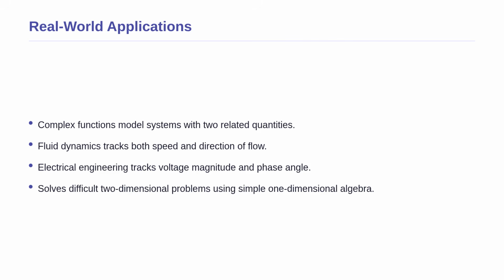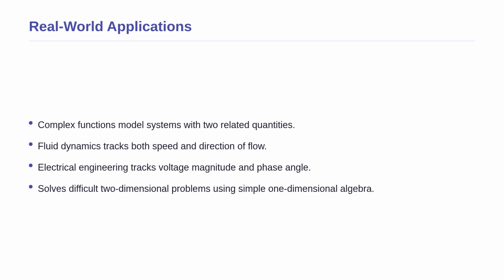You might be wondering, why do we care about functions of a complex variable? In the real world, many physical systems involve two related quantities that change together simultaneously. For example, in fluid dynamics, water flowing through a pipe has both a speed and a specific direction at every single point. In electrical engineering, alternating current circuits have both a voltage magnitude and a phase angle that must be tracked.